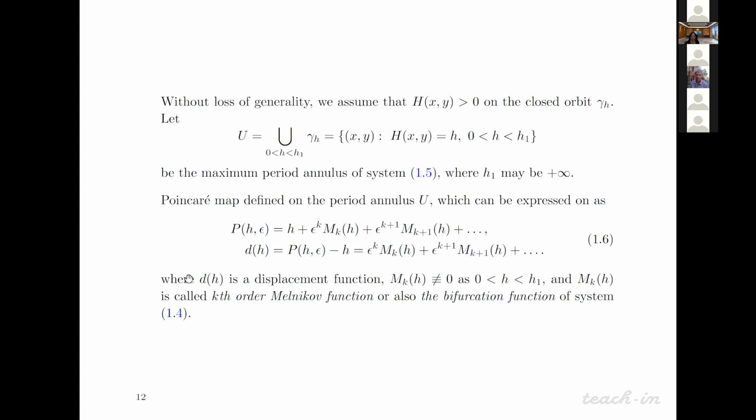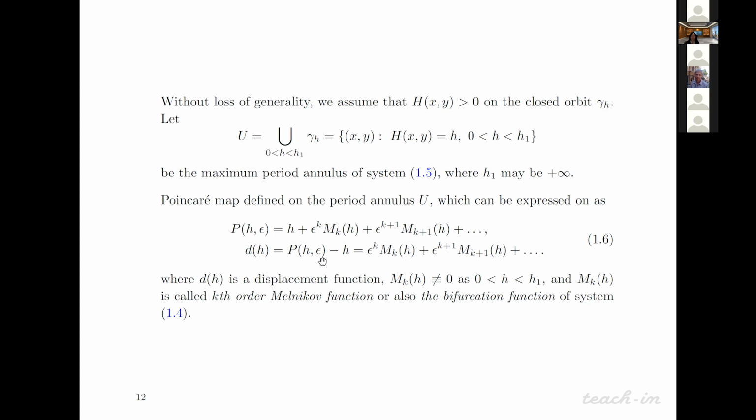If there exists a k such that M_k of h is not identically 0, then M_k is called the k-th Melnikov function, or also the bifurcation function of the system.